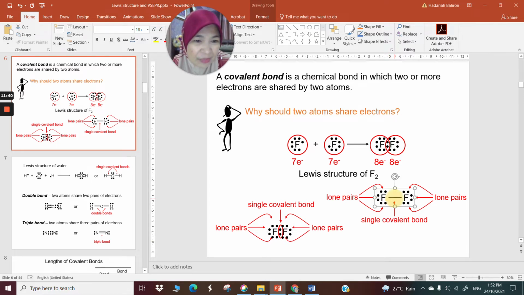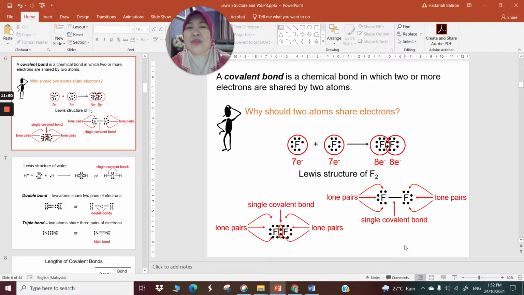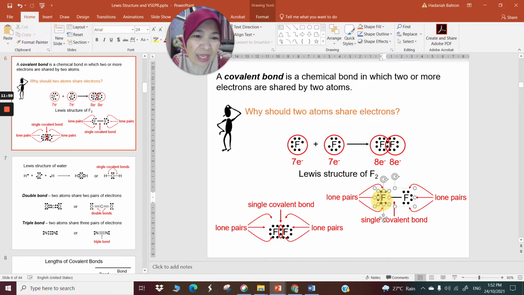Can you see it there? This is one single covalent bond, represented by that electron pair in the middle, because it's being shared by the fluorine on the left and the fluorine on the right. But the 6 electrons on each fluorine are what we call lone pairs of electrons.